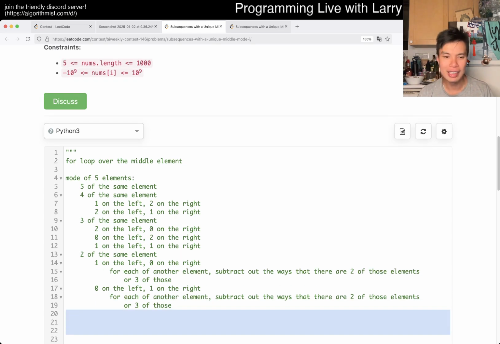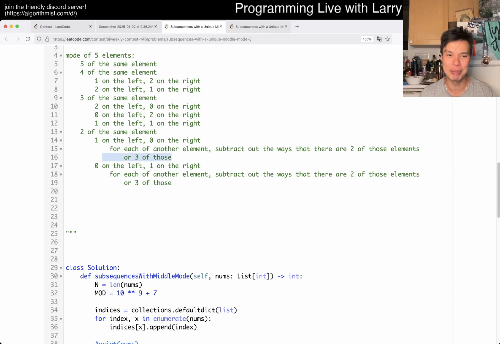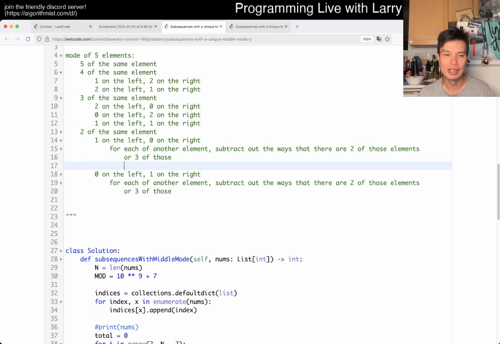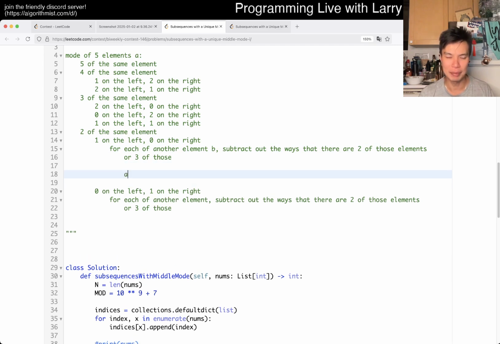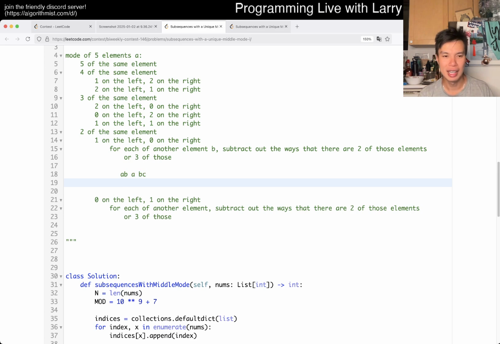And even for this case, you have to separate them out, because basically here, let's say this element is A, and this element is B. Then let's say the middle is A. Then you can have A, B, B, and then some random C. And the order doesn't matter in between the left and the right side, just to be clear.